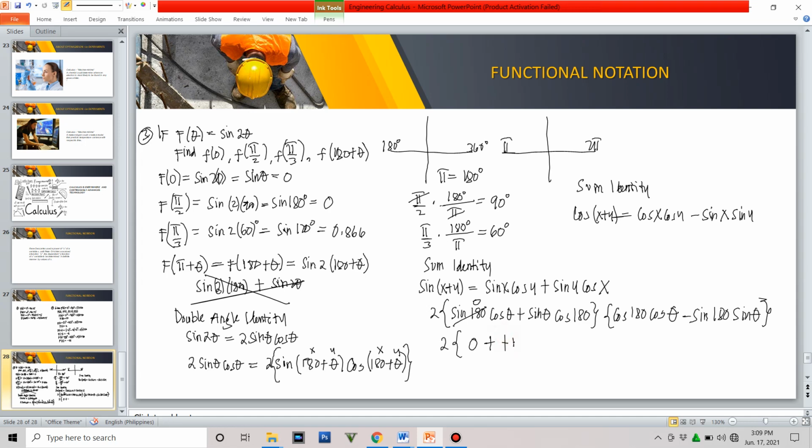So we retain the sine theta there. This is negative 1, cosine 180. So the cosine 180 is still negative 1, times cosine of theta.